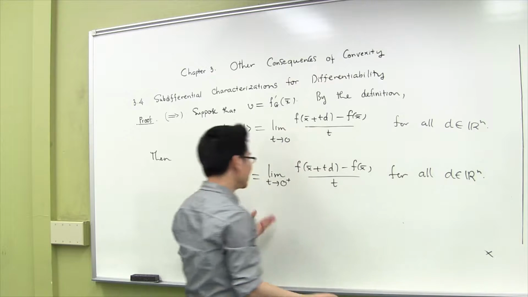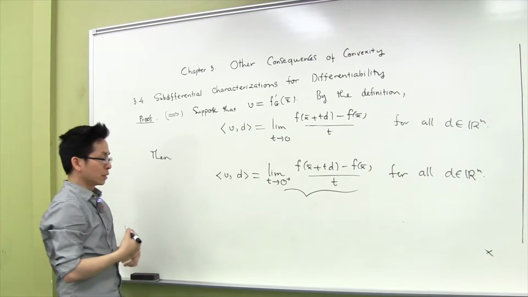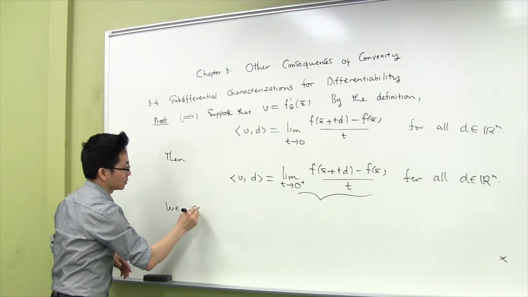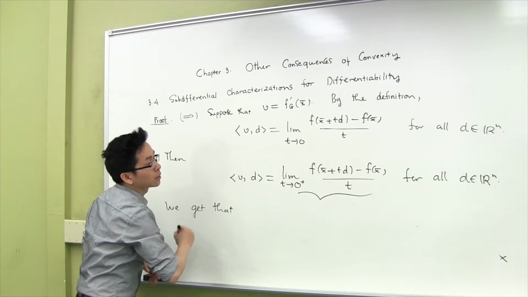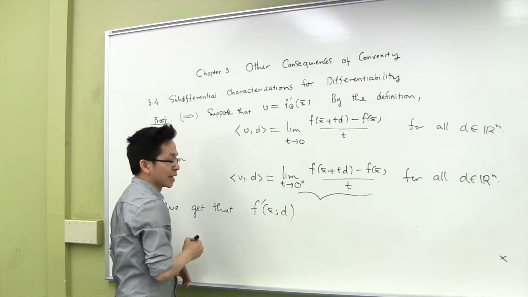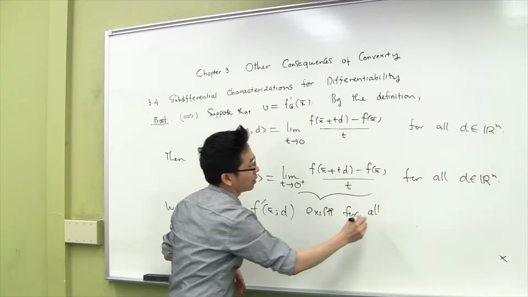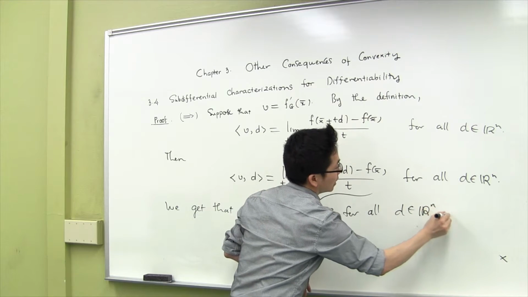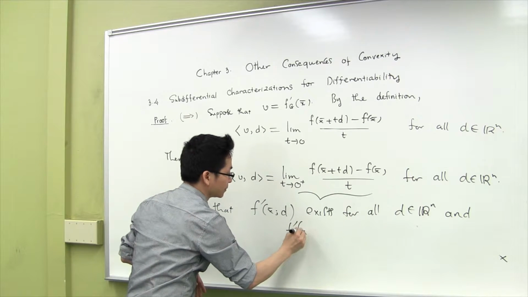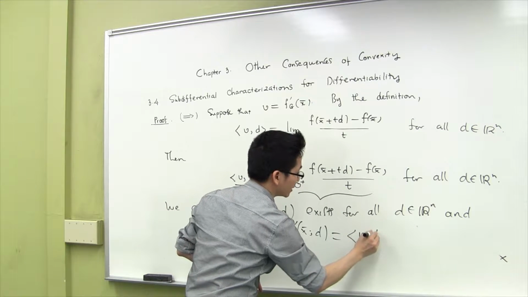Okay, so from here we see that by the definition of the directional derivative, f prime of x bar in the direction d exists for all d in Rn, and in addition it is given by this formula, equal to the inner product of v and d.